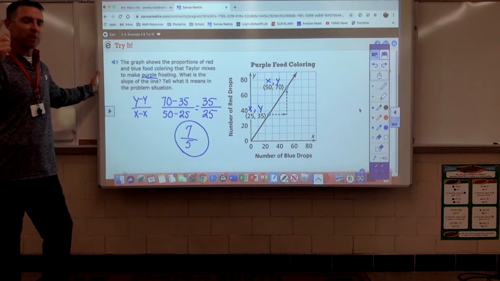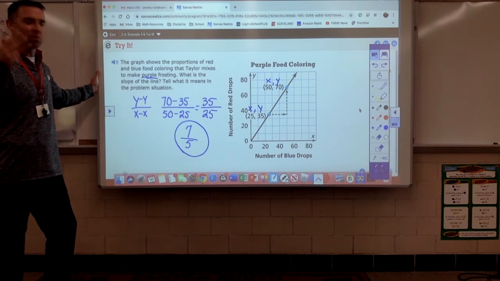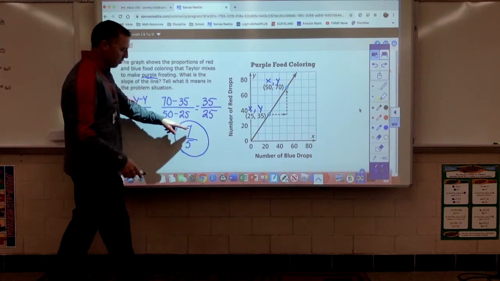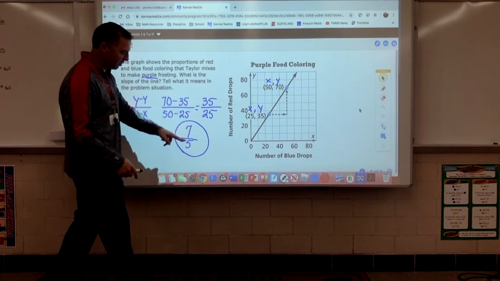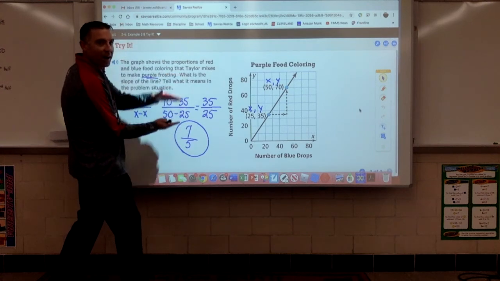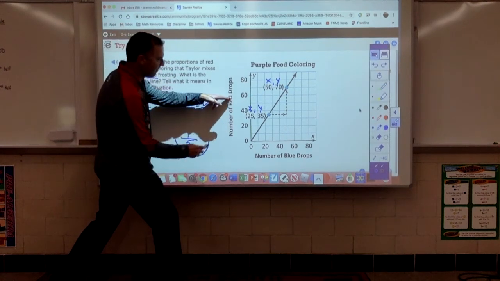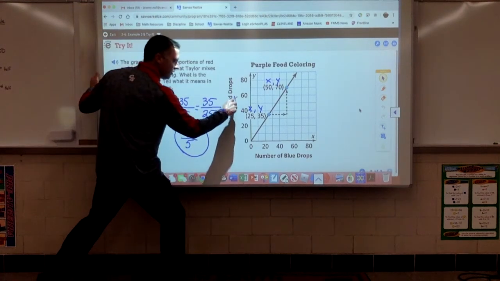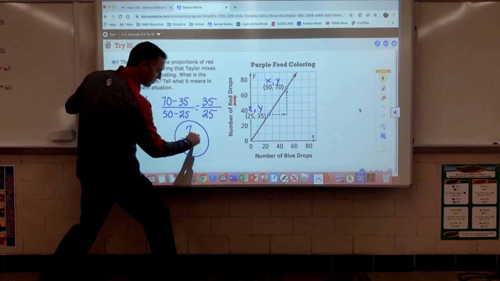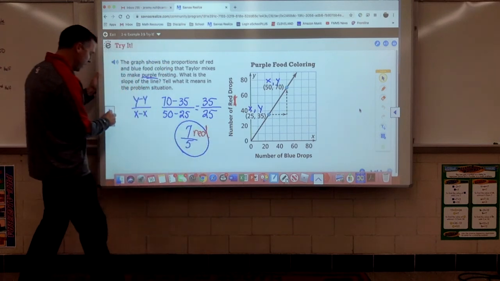Now, tell what it means in this problem. Remember, we're talking about red drops, blue drops, making purple frosting. This is rise. Remember, rise over run. Rise is y values, so this is 7 red drops.